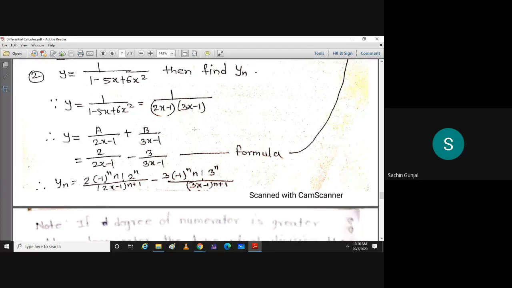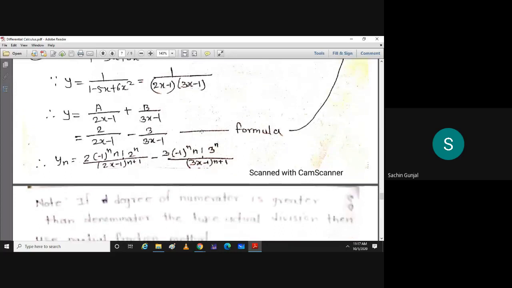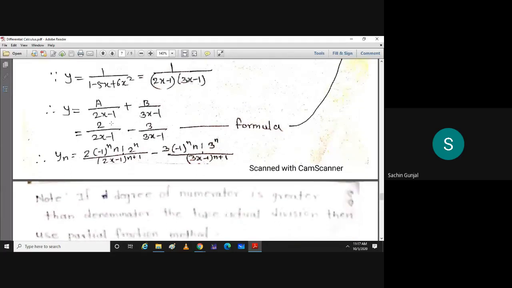Substitute x is equal to 1 by 2 to get one coefficient, and x is equal to 1 by 3 to get the second coefficient. Please check whether they are 2 and minus 3 or not.